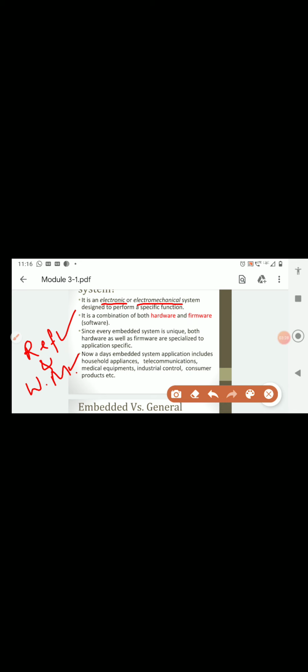Similarly, the working of the refrigerator is different and working of the washing machine is also different. So the hardware and firmware requirement for both these embedded systems are different. That's why we have mentioned here, since every embedded system is unique, both hardware as well as firmware are specialized to application specific.